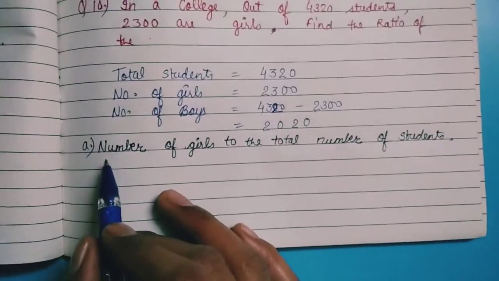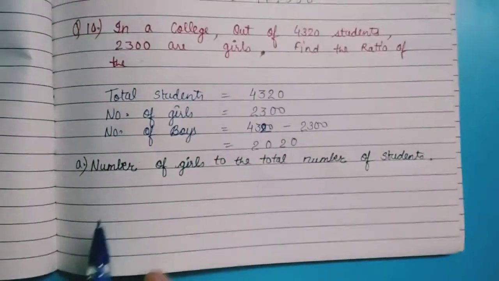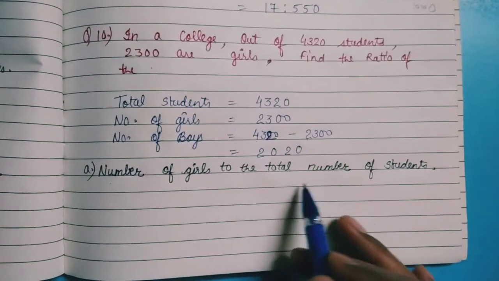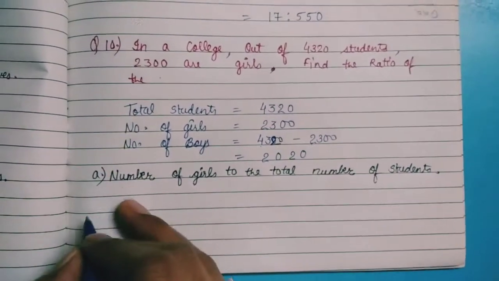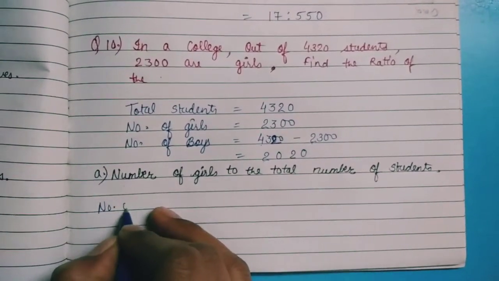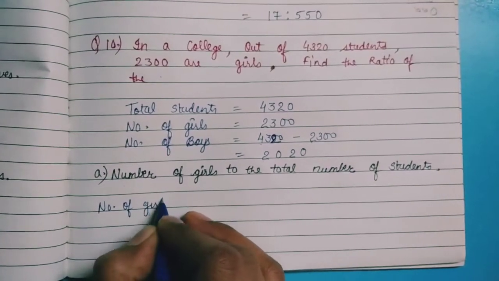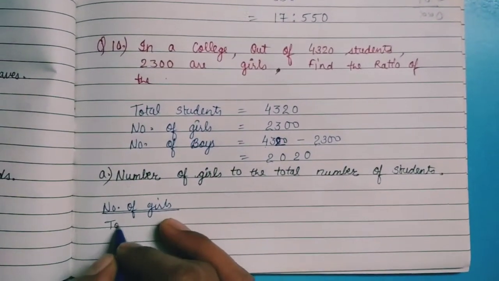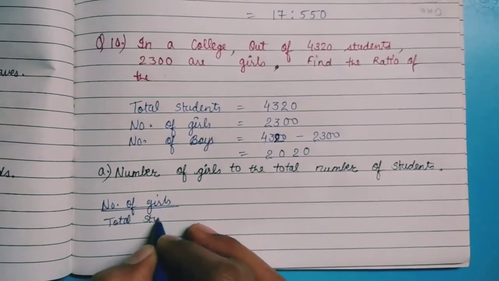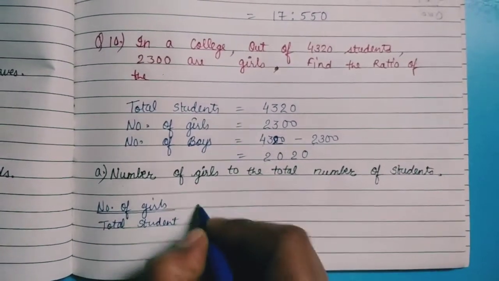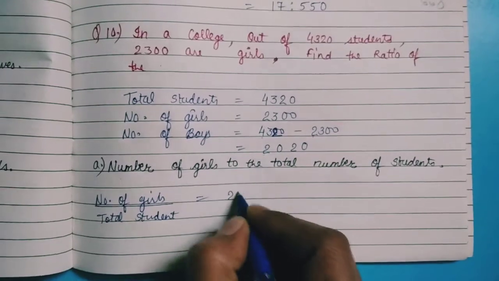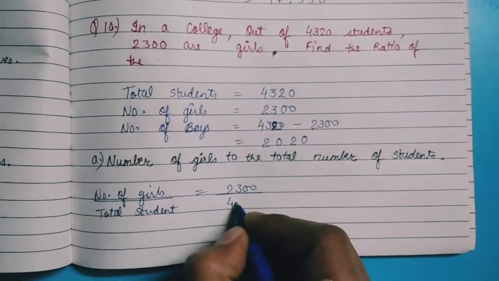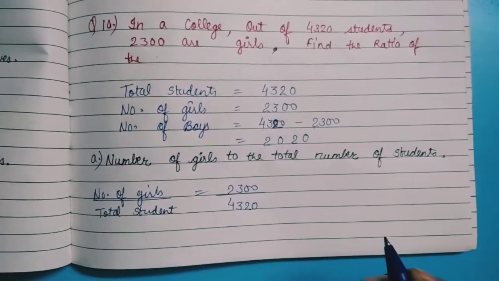First, we need to find the ratio of the number of girls to the total number of students. So here is the number of girls, 2,300, and here the total number of students, 4,320.